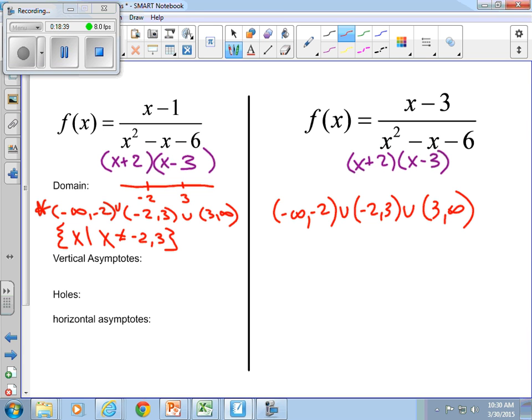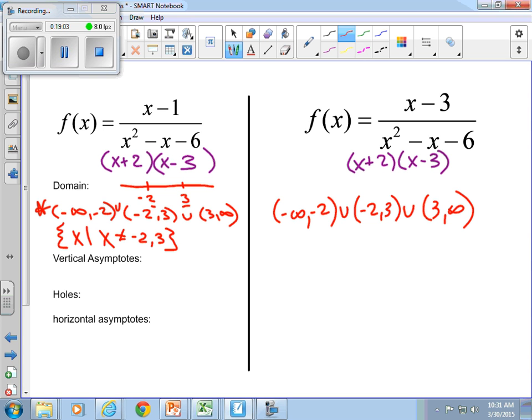Okay, so far with domain, nothing has mattered except the denominator. Alright. Let's talk about vertical asymptotes. Vertical asymptotes are places where the domain is undefined. So either at 2, -2, or 3, right? When we identified -2 and 3 up here, we also identified our possible vertical asymptotes and possible poles. So -2 and 3 will help us with all 3 of those first questions.